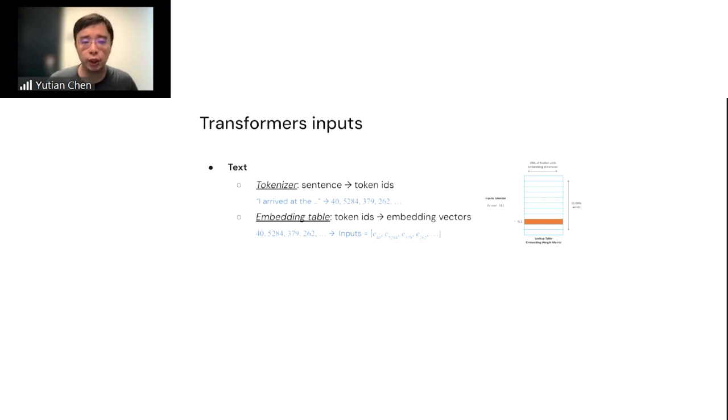Then we train an embedding table, which is basically a matrix where every row corresponds to a learnable representation of some word. Once it's trained, we use this embedding table to look up the corresponding embedding vectors for every word.